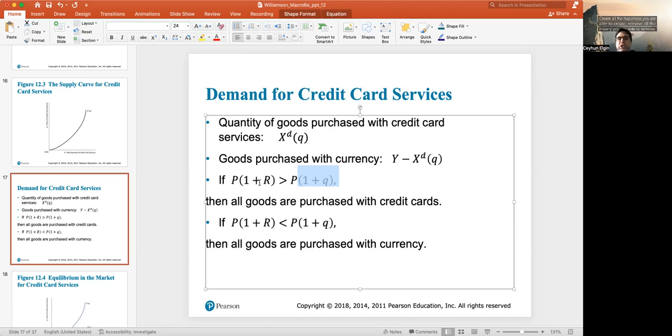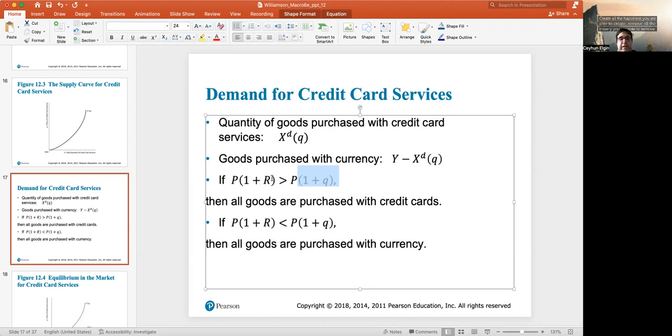Because if you have cash in a bank account, you can immediately withdraw it and use it for a purchase, or you can enjoy interest because it's in the bank. Now, the question is, are you going to withdraw the money and use it for the transaction, or are you going to use a credit card and keep the money in the bank and earn interest?